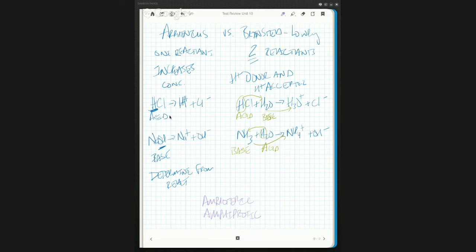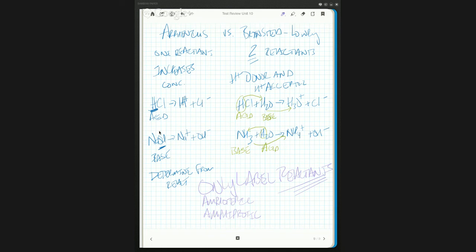Now, I also want you to pay attention to the fact that we only label reactants. I cannot emphasize that enough. If you forget, then you will get these questions wrong and you will be frustrated.